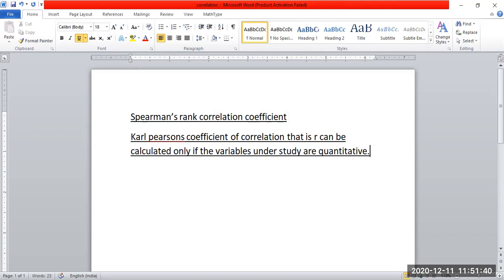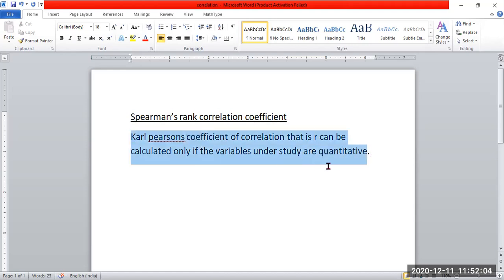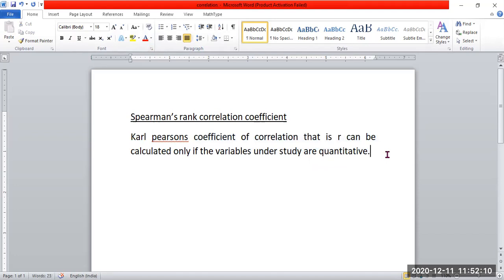That is why we need to study Spearman. All of you are aware quantitative is nothing but data that can be measured in some unit of measurement. Yes, that is called quantitative.